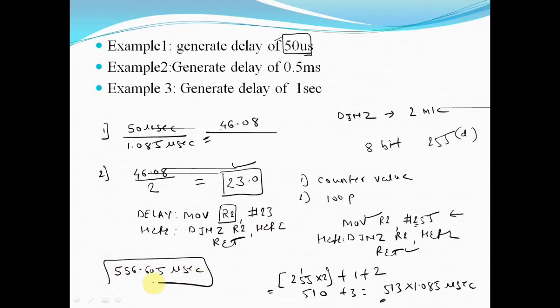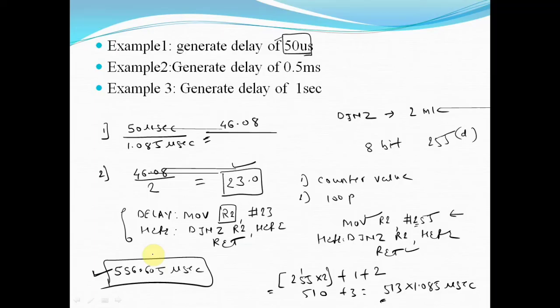That means if you want to set a delay up to this value, 556 microseconds, then you can go with this single loop. But we also need delays in milliseconds and seconds, right? And therefore in that case we have to go for a nested loop. You may have to use 2 loops or 3 loops.